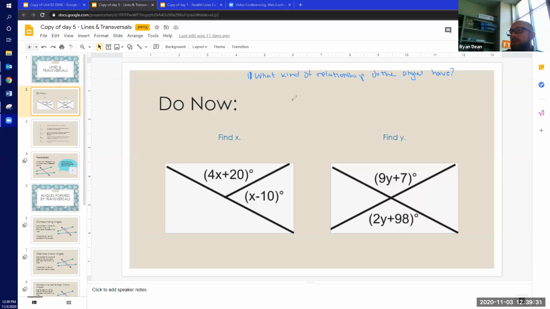After we figure that out, the second thing we're going to do is set up an equation that represents the relationship.